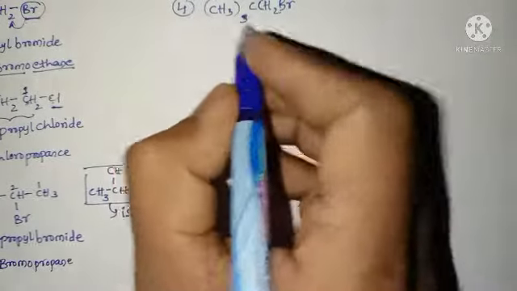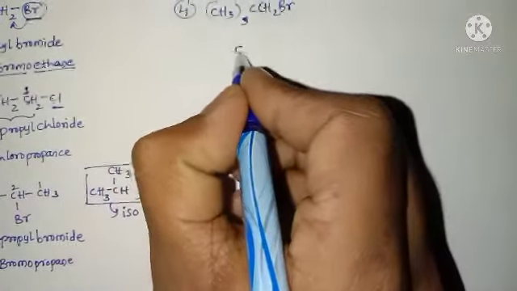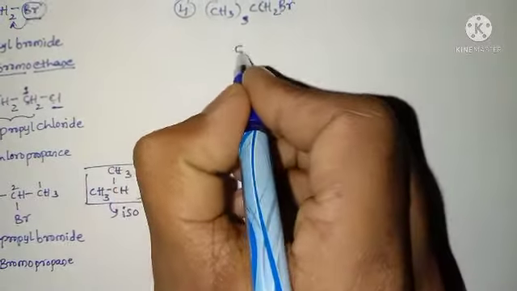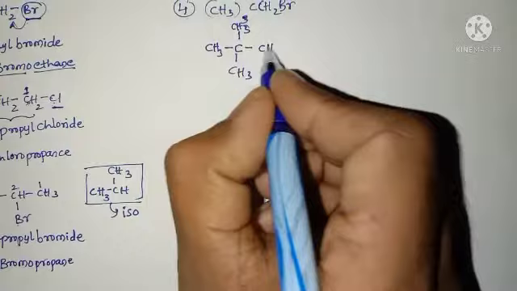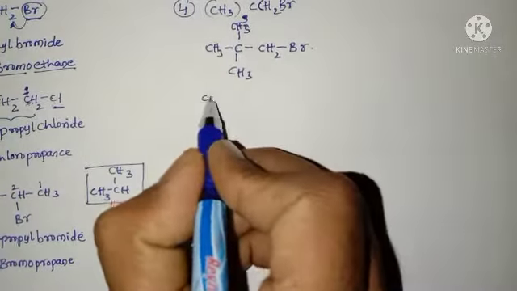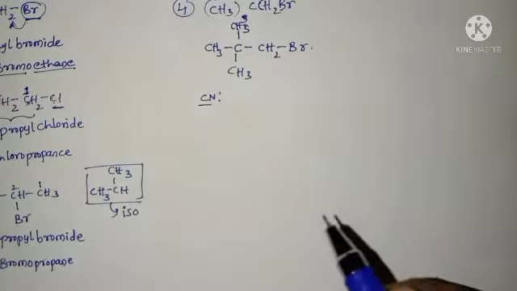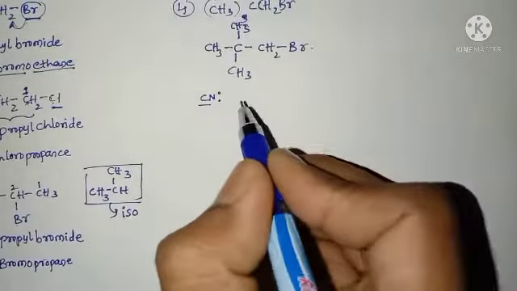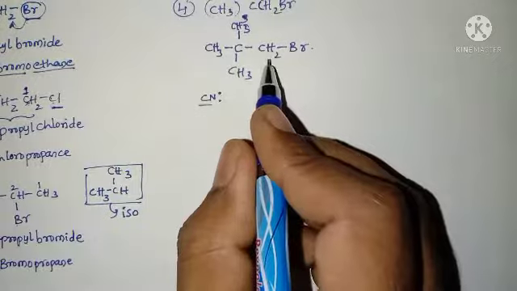So if you write the expansion here, for this carbon atom the 3 methyl groups are attached, and here it is CH3, and a halogen atom is attached here. So if you write the common name of this organic compound, first we have to name the alkyl group.